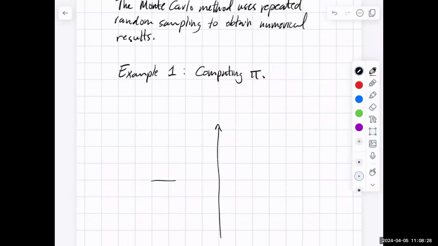Okay, so the way we're going to do it is we're going to imagine that we have a coordinate system with an x and a y axis, like so. And what we'll do is we'll put a square on our coordinate system, and I'm going to make my square sides of length 2. So this intersects the y-axis at 1 and -1, and it intersects the x-axis at +1 and -1.